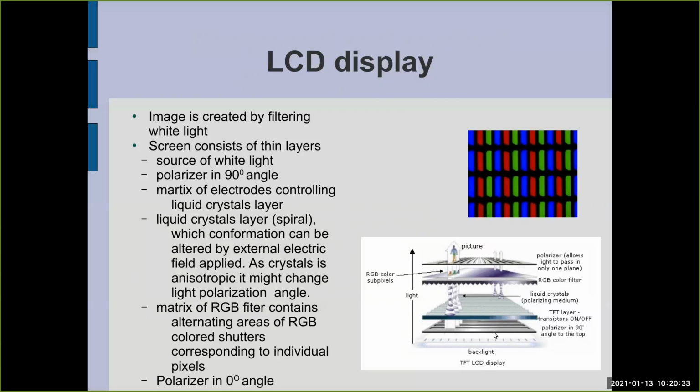Then we have a polarizer. What a polarizer does is it passes only the light whose electromagnetic vector orientation is homogeneous. Probably you have done some tests with polarizers during your physics classes in secondary school.